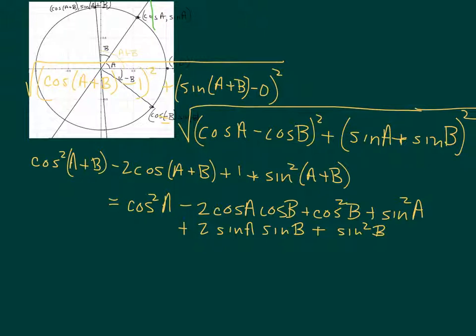So once we rewrite that, our left-hand side here will be 2 minus 2 cosine A plus B, and the right-hand side will be a 1 plus another 1, so that's a 2, minus 2 cosine A cosine B plus 2 sine A sine B.